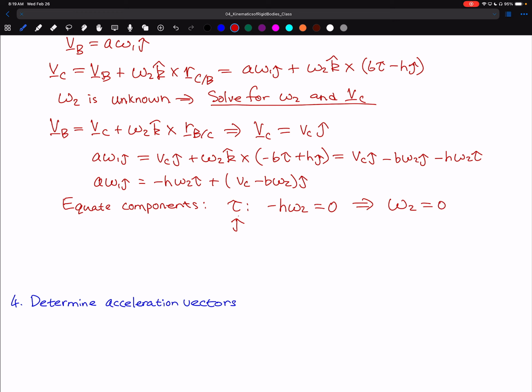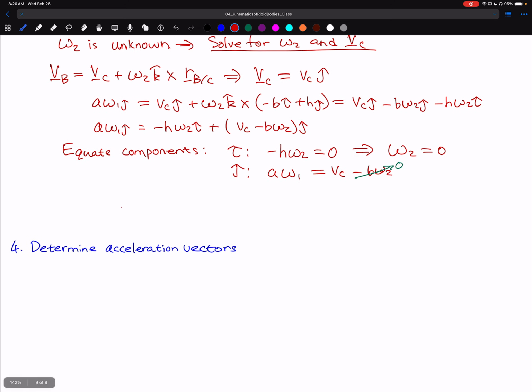And then in the j hat direction, we're going to get A omega 1 equal to VC minus b omega 2, and we just said that omega 2 is 0. So then we now know that the velocity vector at point C is equal to A omega 1 j hat, and the angular velocity vector omega 2 is equal to 0 k, 0 in the k hat direction.